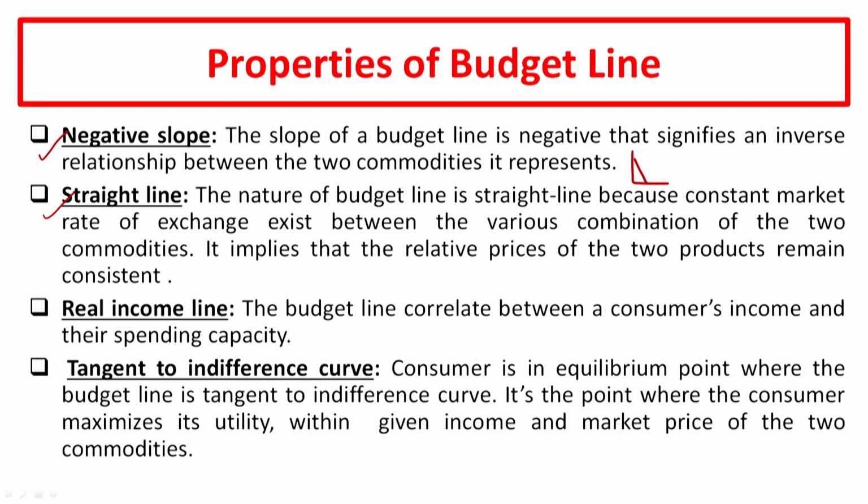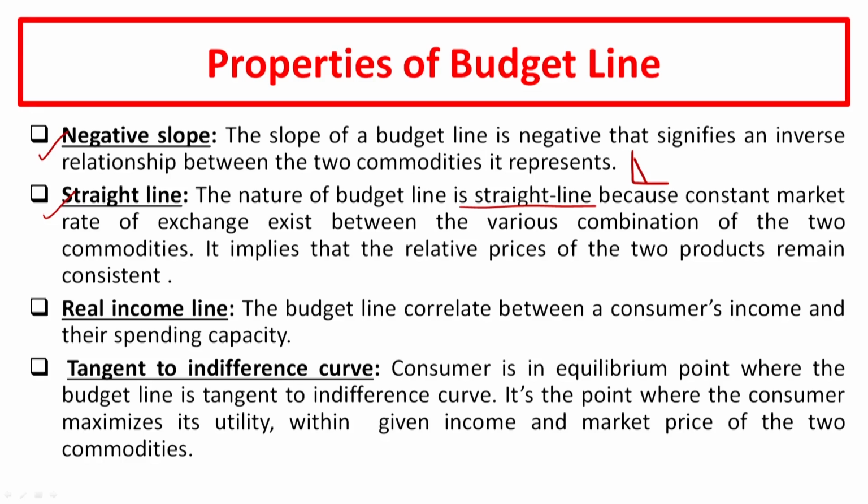Straight line, the nature of the price line is a straight line. Why is it a straight line? Whenever I am saying anything is a straight line, that means the rate of substitution should be constant. So, in price line, the substitution of one commodity with the other commodity in order to maintain the equal satisfaction remains constant.